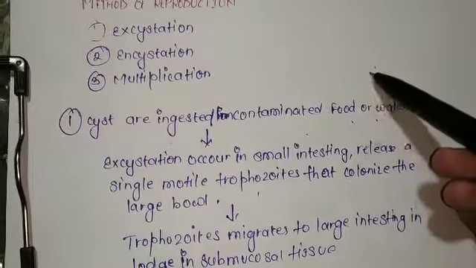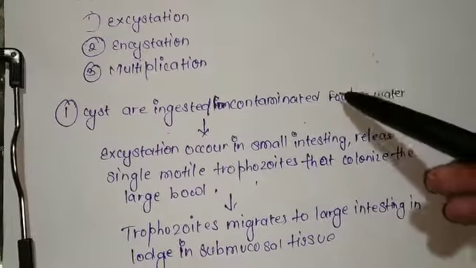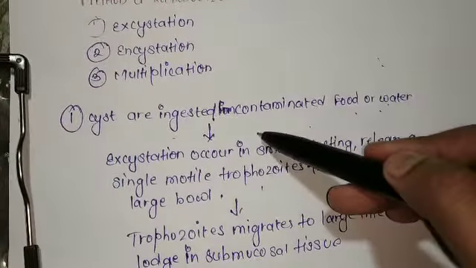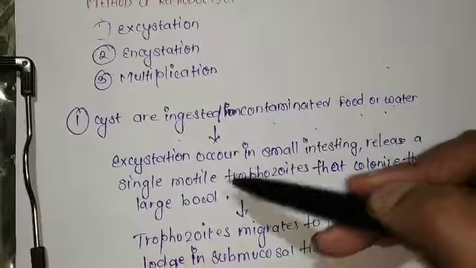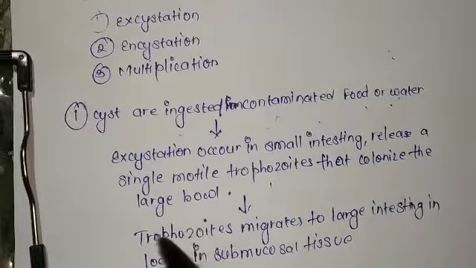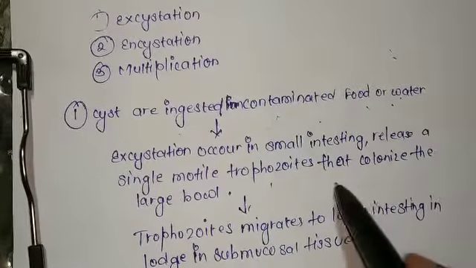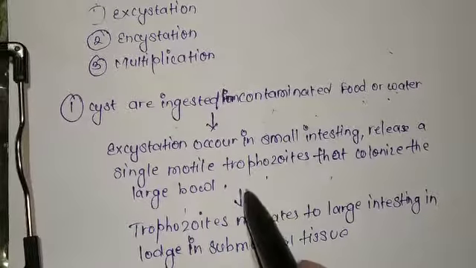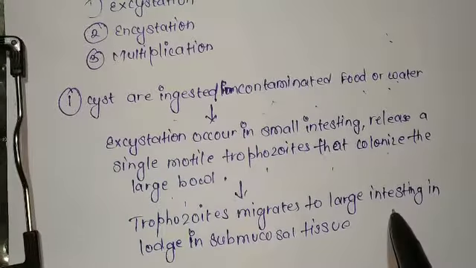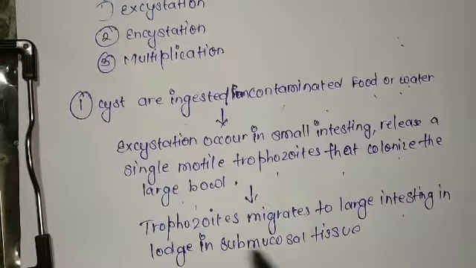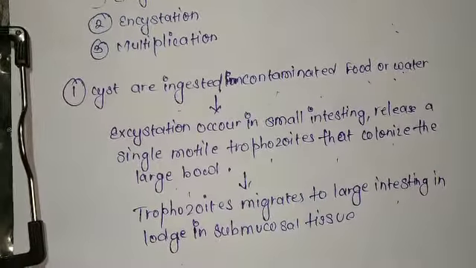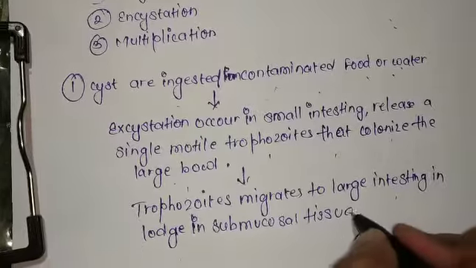If a person eats those fruits or vegetables directly without cleaning them, the cysts will be ingested, and when they reach the small intestine, excystation will occur and release a single motile trophozoite that colonizes the large bowel. After colonizing, they migrate to the large intestine, form a heavy colony, and are loaded in the submucosal tissue of the large intestine.